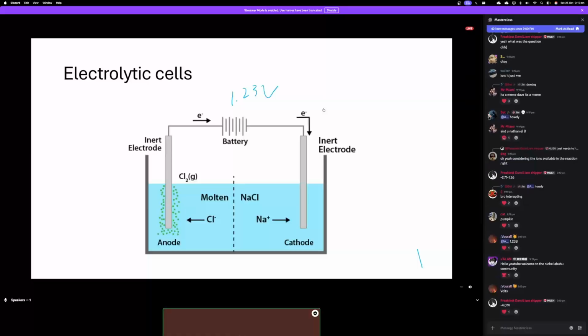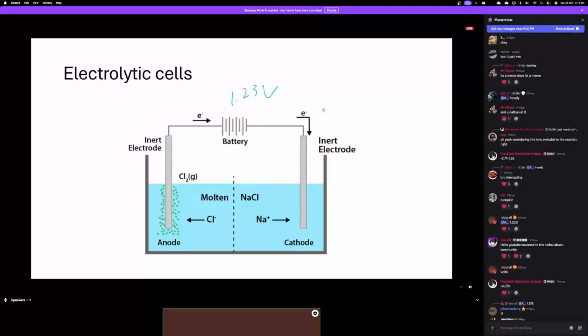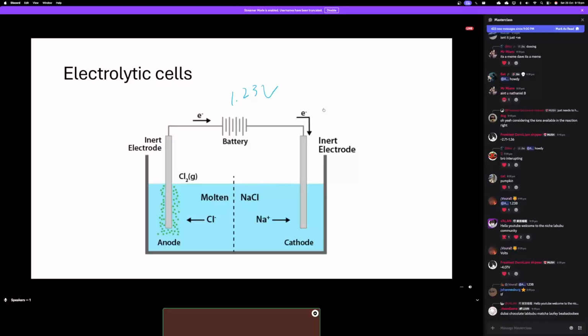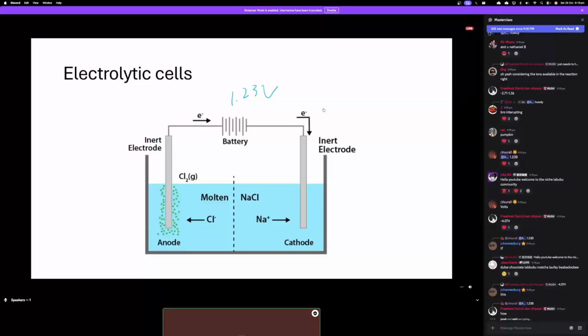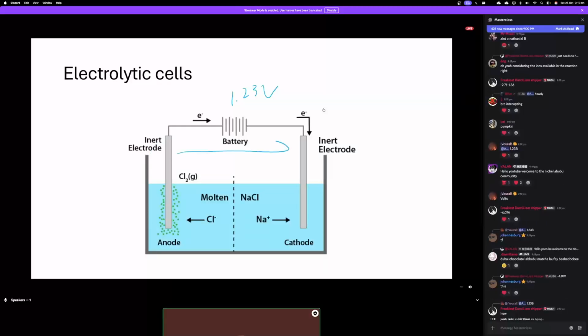I learned it in different ways. I want to say the way that I learned, and then whatever you guys want, you don't have to learn this, but this is the way I learned. Imagine these are parallel plates. If you do physics, you'll probably be more familiar with this. In parallel plates, we have an electric field.